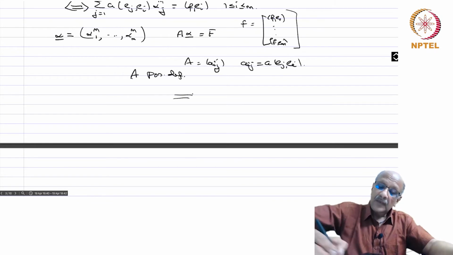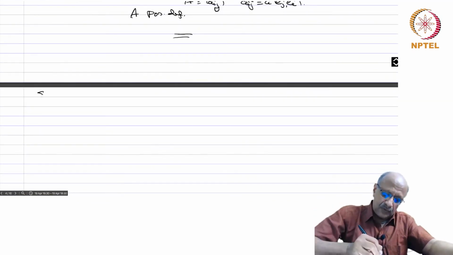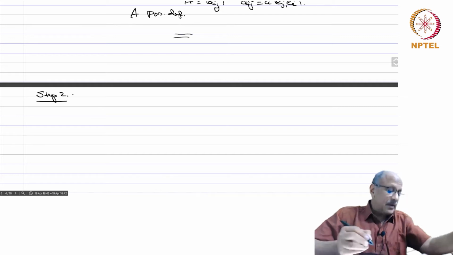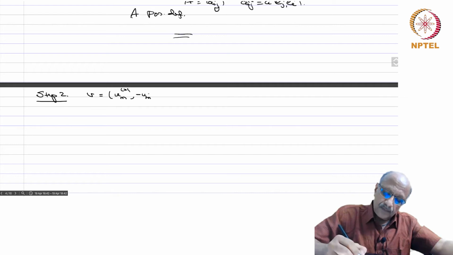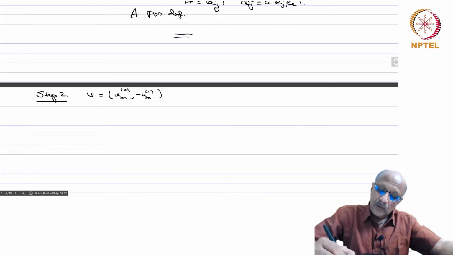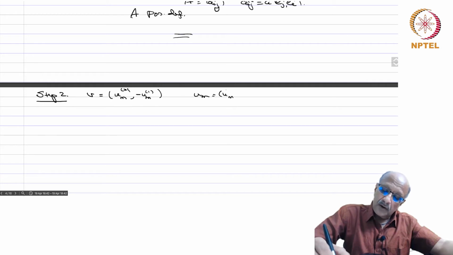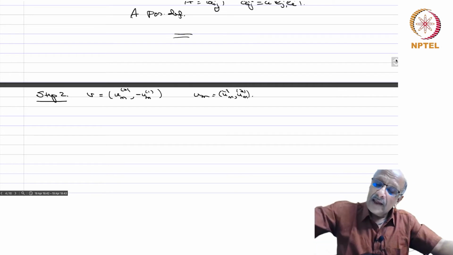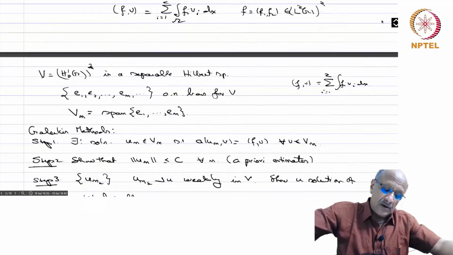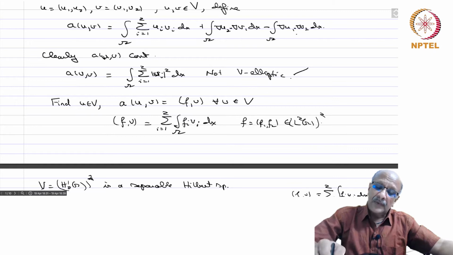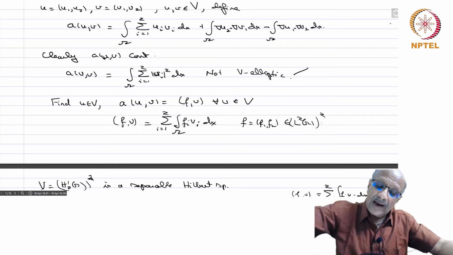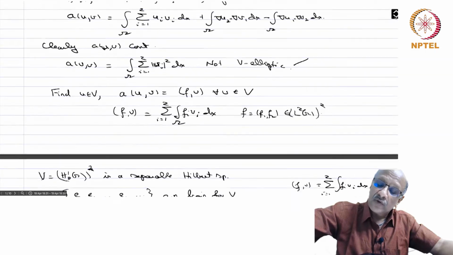Now let us look at step 2. Step 2 is to find an estimate for the solution. So, you put v equals (u_m2, minus u_m1), where u_m equals (u_m1, u_m2). If you do that, then the L2 part disappears, these two will add up. So, you will have grad u_m2 squared plus grad u_m1 squared.